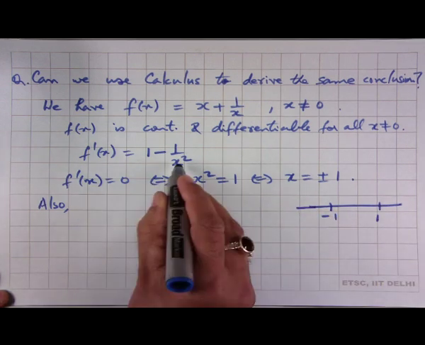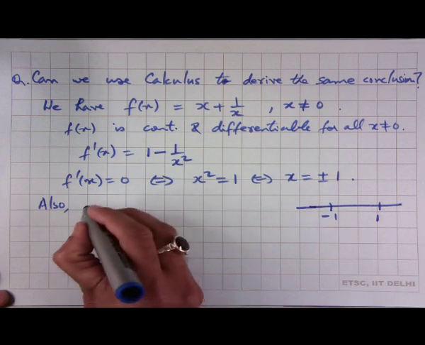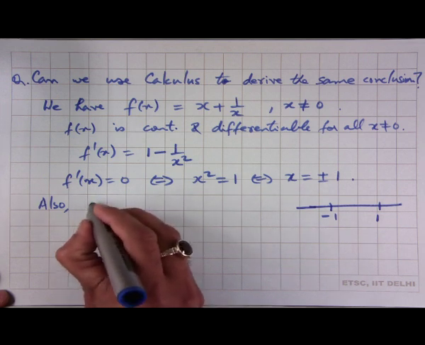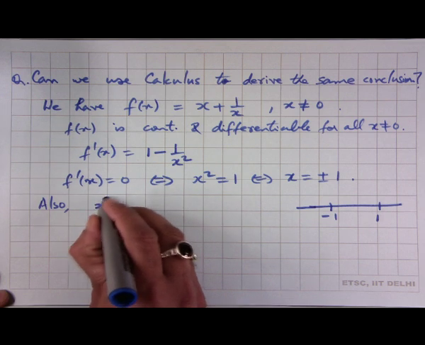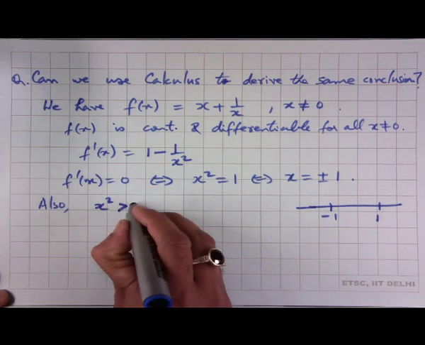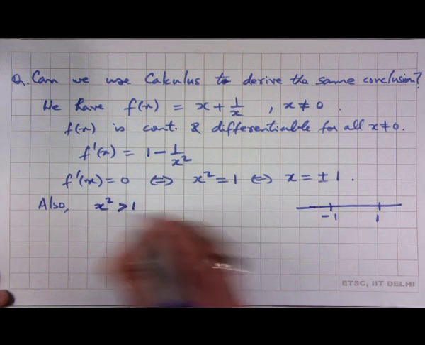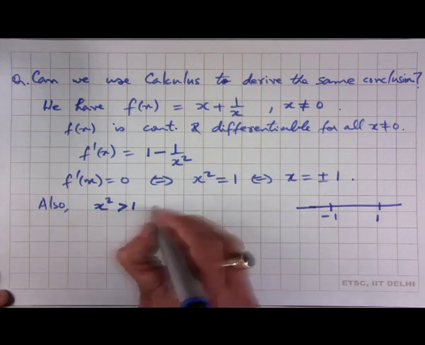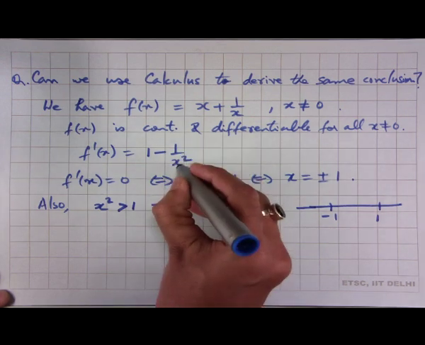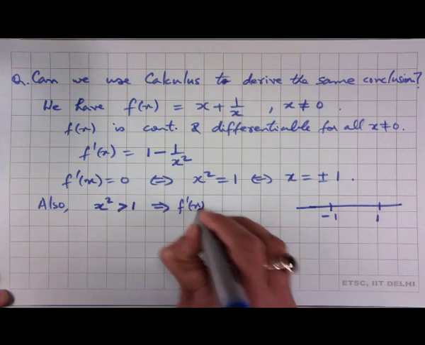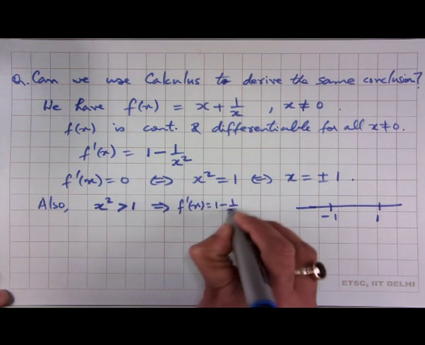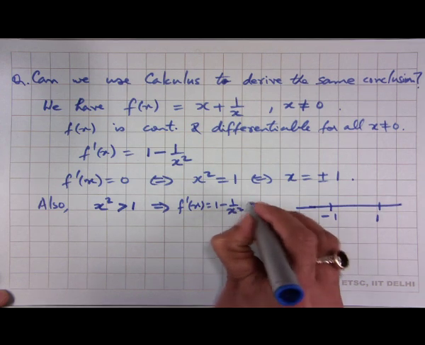So, if we look at this, if x square is greater than 1, this implies 1 by x square will be less than 1. So, f prime x is 1 minus 1 by x square, this will be greater than 0.